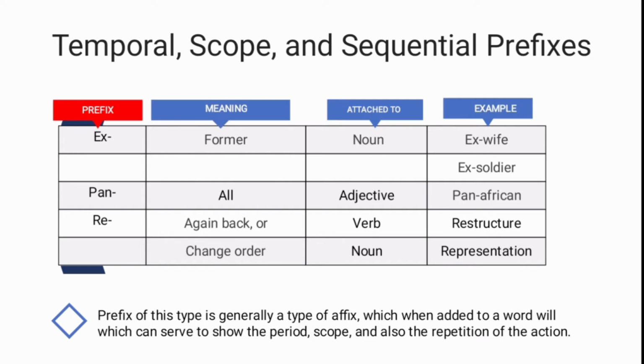Sedangkan prefix pan dalam kata Pan-African dapat kita kategorikan masuk ke dalam scope prefixes yang menunjukkan ruang lingkup. Sedangkan prefix re dalam kata restructure dan representation dapat kita kategorikan masuk ke dalam sequential prefix di mana dia menunjukkan pengulangan tindakan.